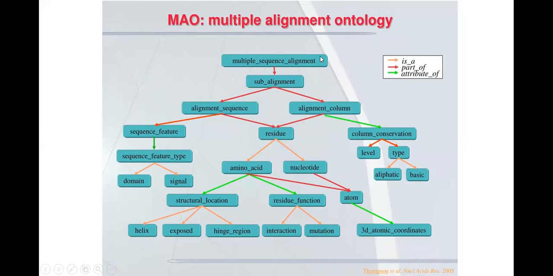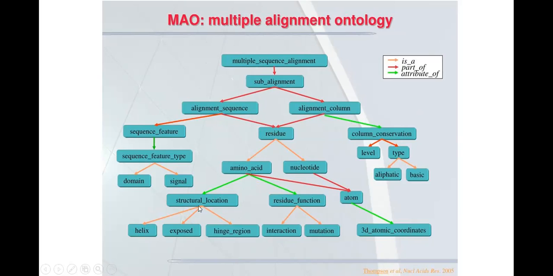So this is a specific example of multiple alignment ontology. You're looking at the nucleic acid sequence of a concept, multiple sequence alignment. So you take this concept, you put this information into the database, you give two genome sequences, align them, but the output will consist of several ontological terms, consisting of sub-alignment, alignment sequence, alignment column. What is the residue? A nucleic acid sequence can be converted into an amino acid sequence or nucleotide.